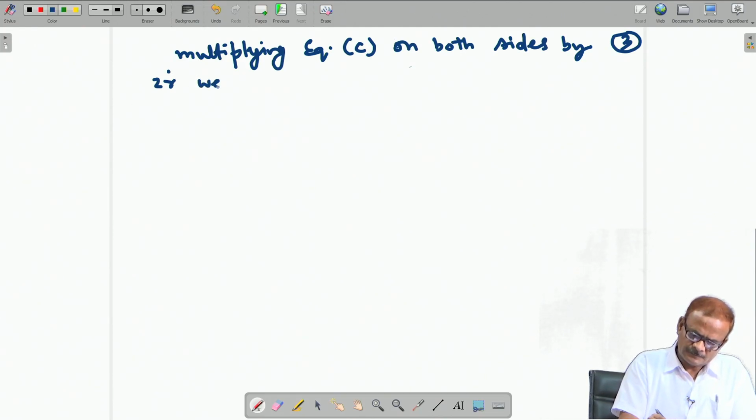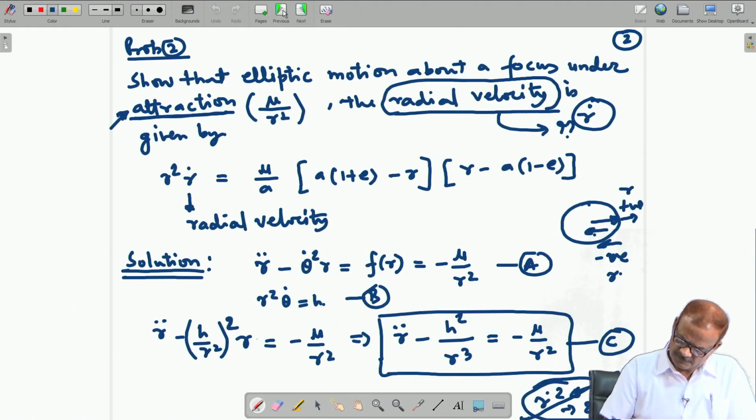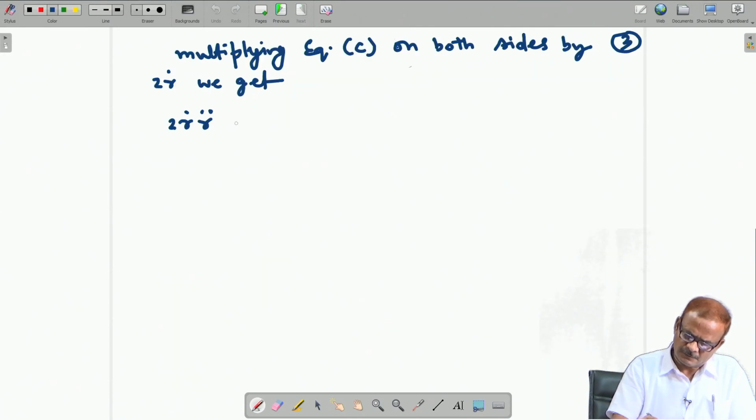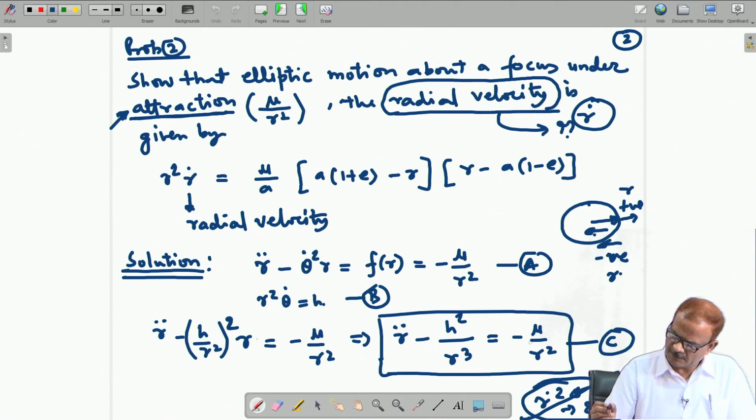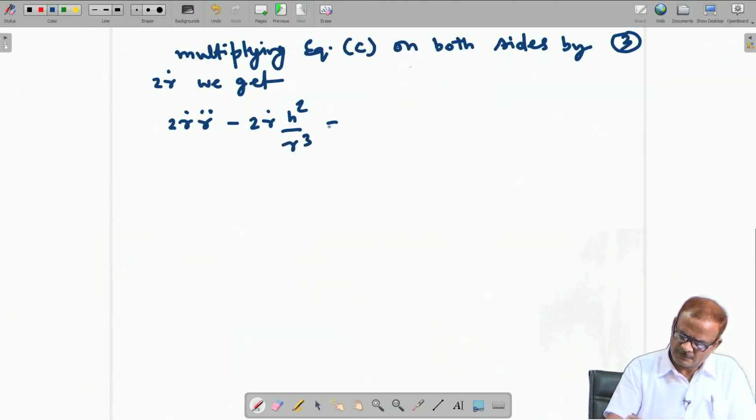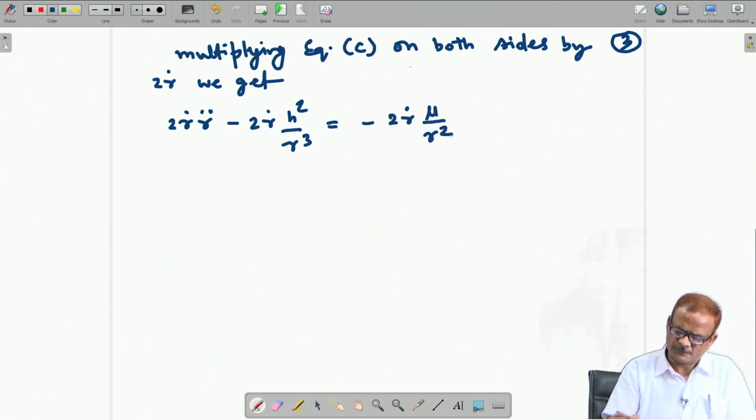So, we get 2 r dot times r double dot minus 2 r dot h square by r cube equal to minus 2 r dot mu by r square.